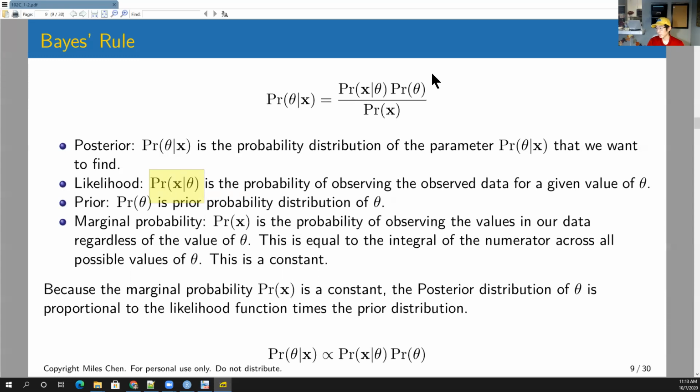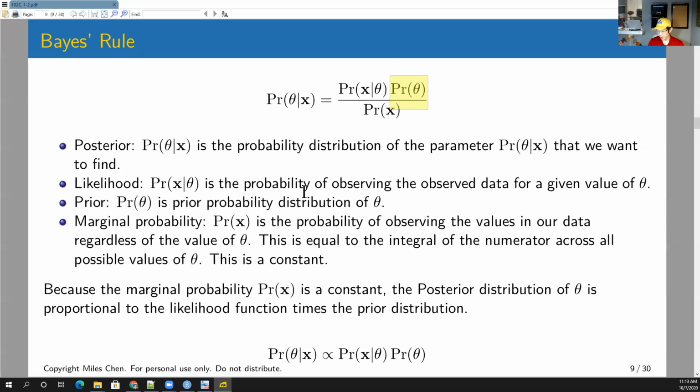This part, the prior probability or prior distribution of theta, okay, is going to be what we believed the distribution of theta was before we looked at any of the data. Okay, it's going to be the prior.